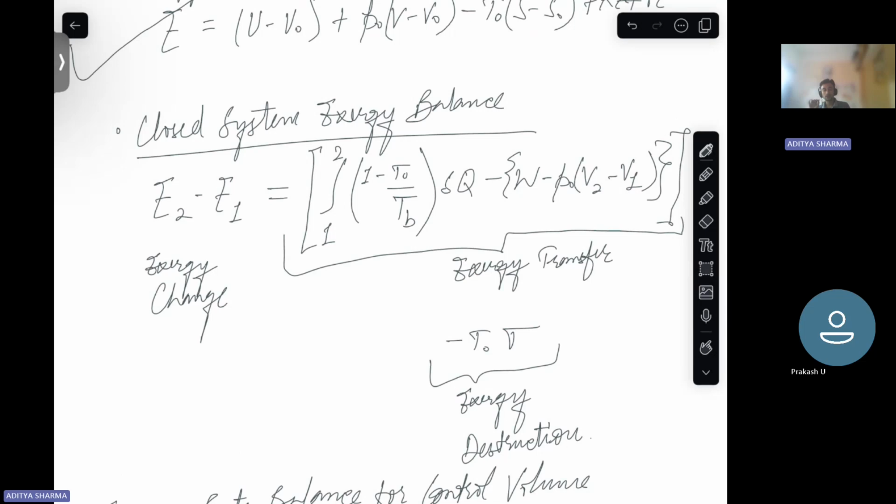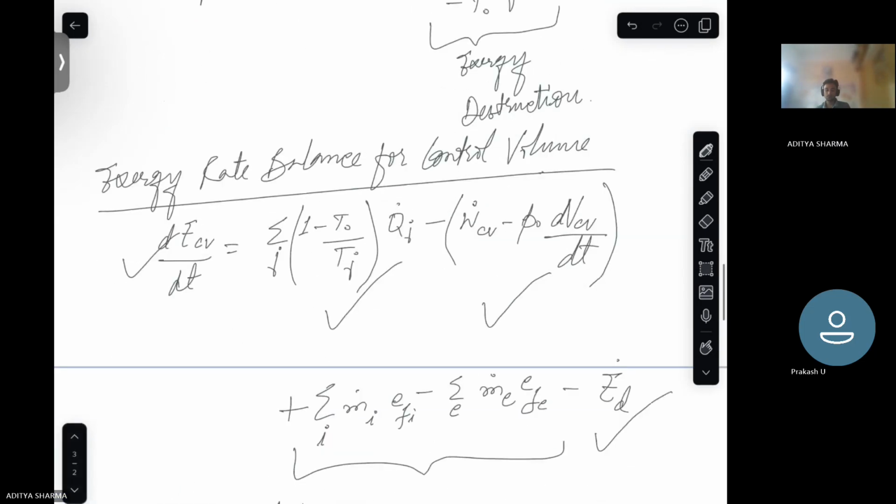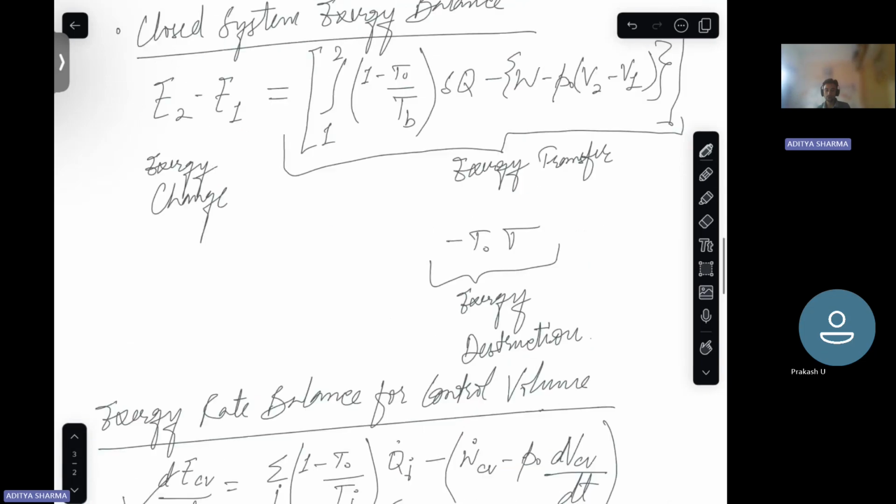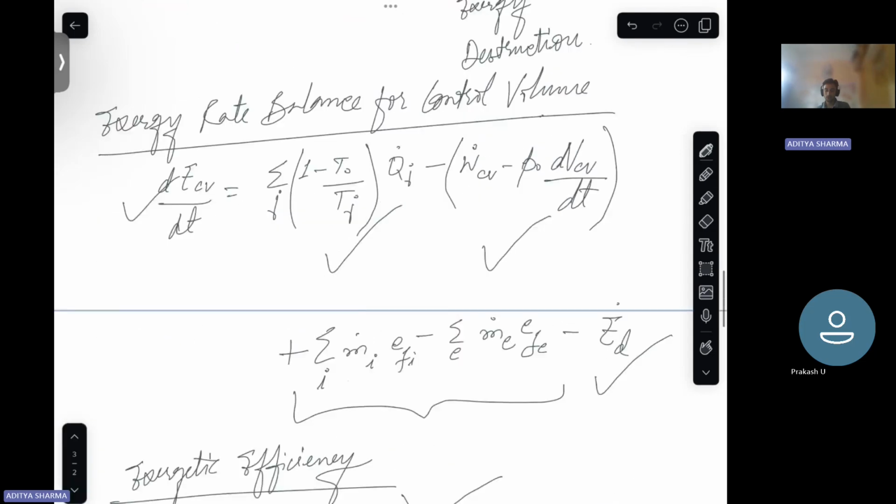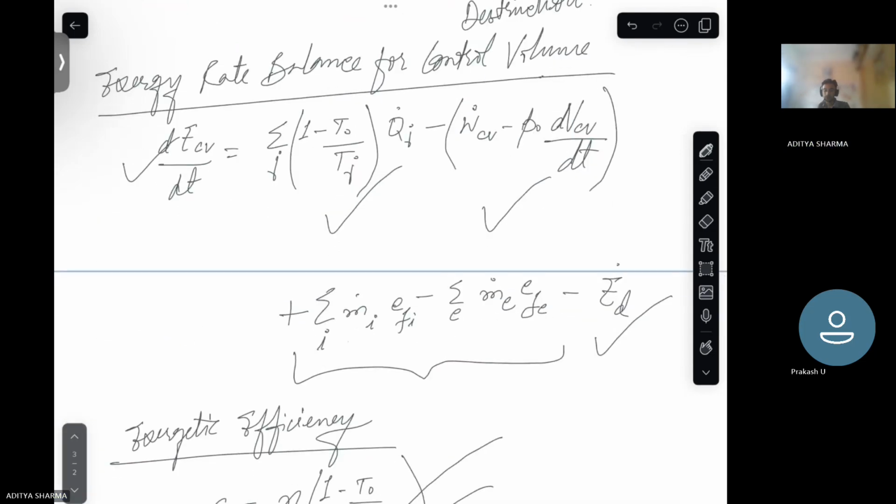The irreversibilities which lead to entropy production and then also exergy destruction, which is here T naught times sigma, and here is E with subscript D, right?